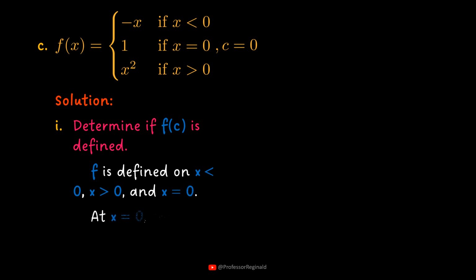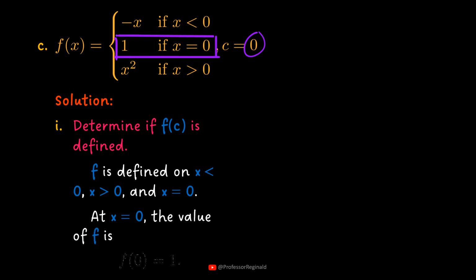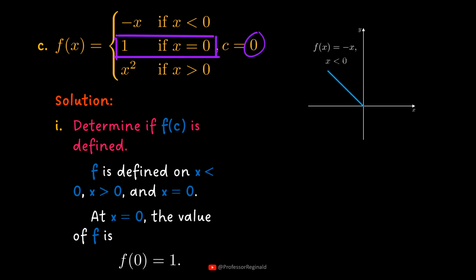At x equals 0, the value of f is f of 0 is equal to 1. The figure illustrates the graph of f of x. The value of f at x equals 0 is defined, and it is equal to 1. It is represented by the solid point.